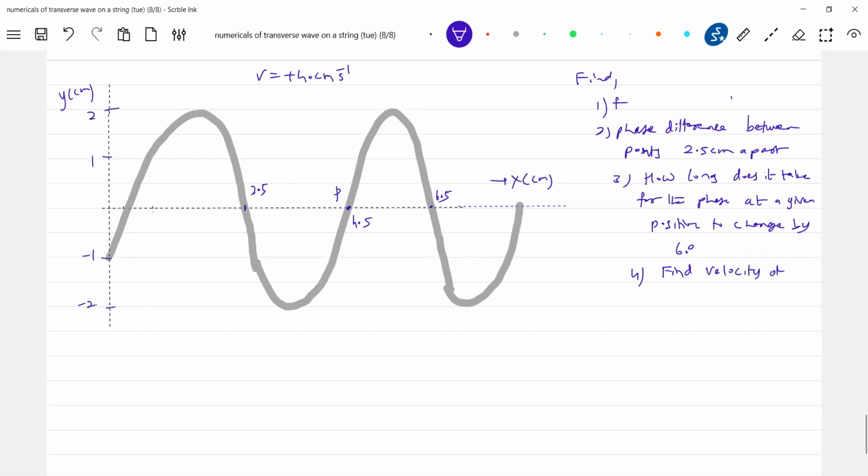Find the velocity of point P at the instant shown.